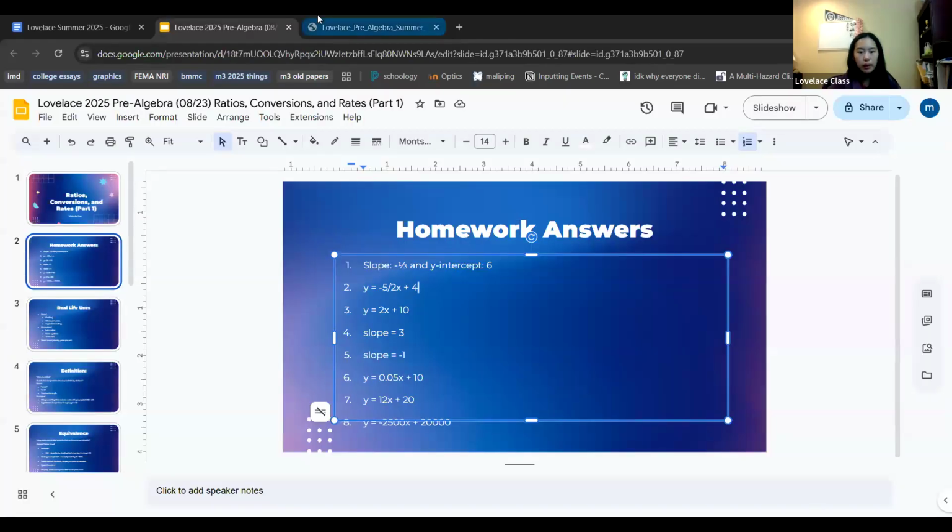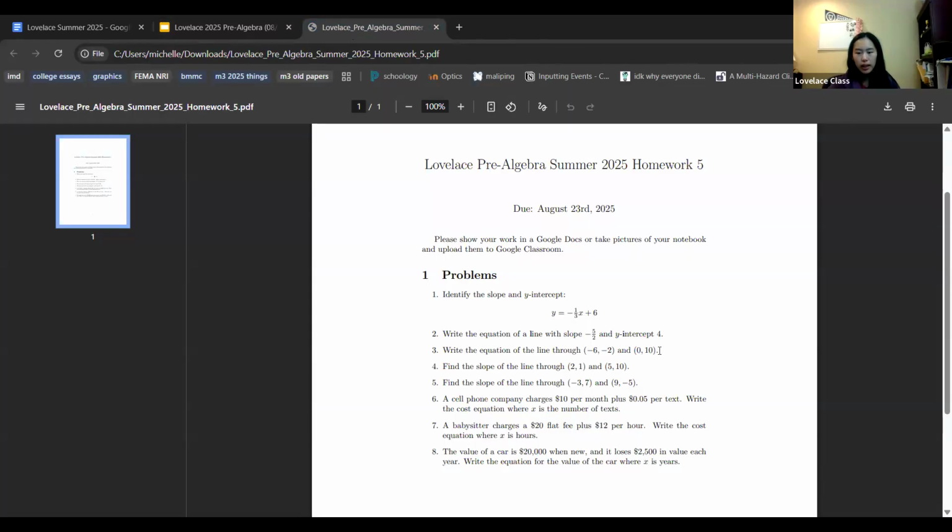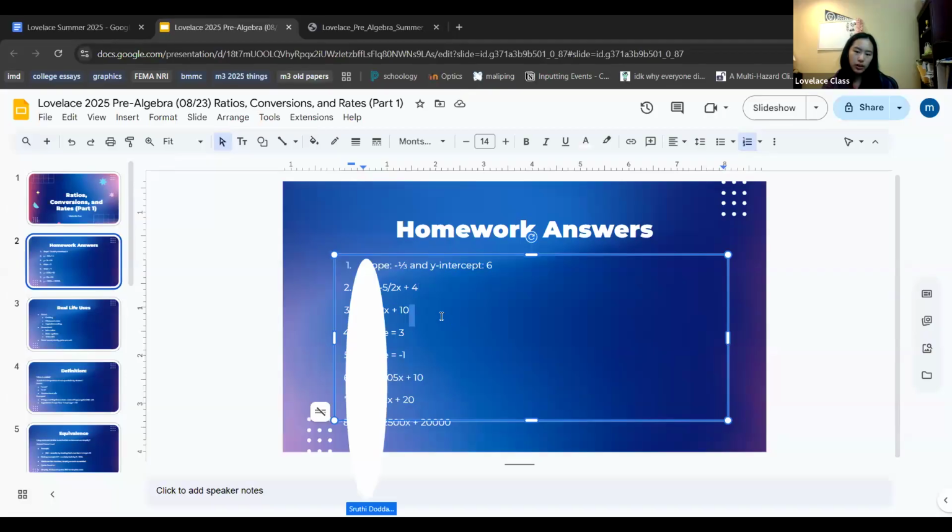We find the slope as the change in y over the change in x. So I did negative 2 minus 10 over negative 6 minus 0. Negative 12 over negative 6 is 2. So the slope is 2 and the y-intercept is 10, so that's how we end up getting y equals 2x plus 10.